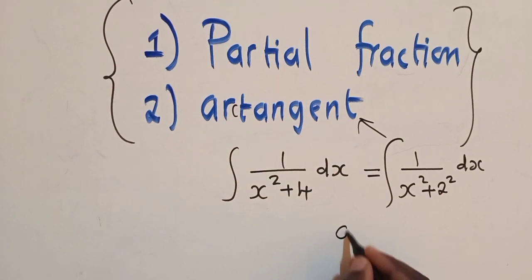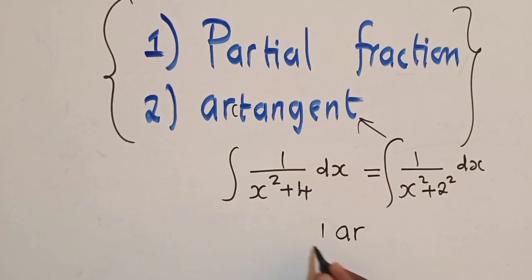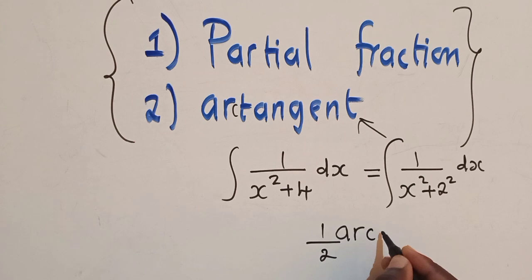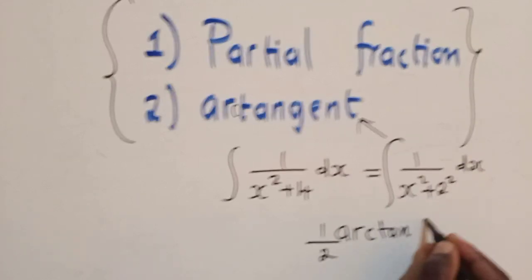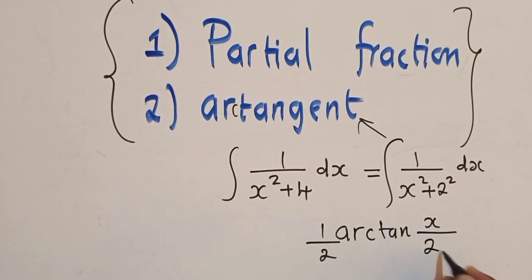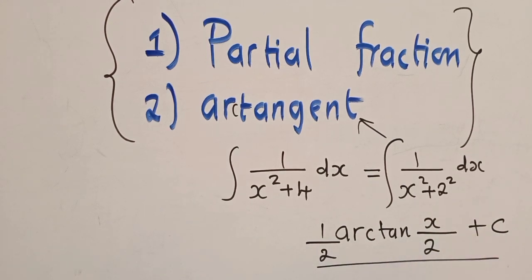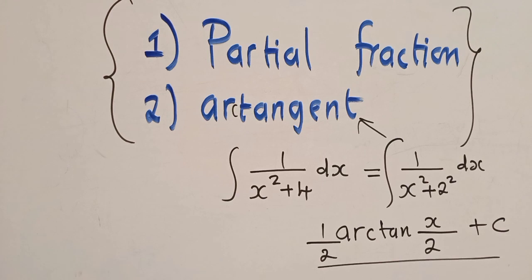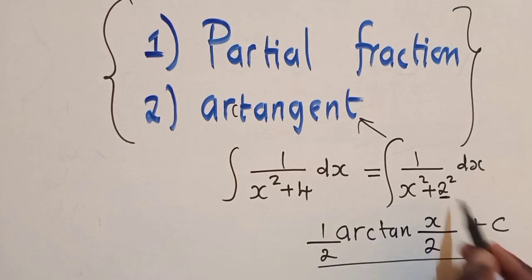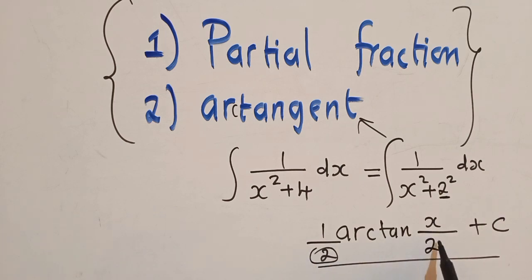You start with 1 over a, arc tan x over a, and then you say plus c. So this is the solution. Now how do you know which one to put where? This base here, put it right here and over here. The x, you just put it here. On top, always put a 1. That's how you apply the arctangent.